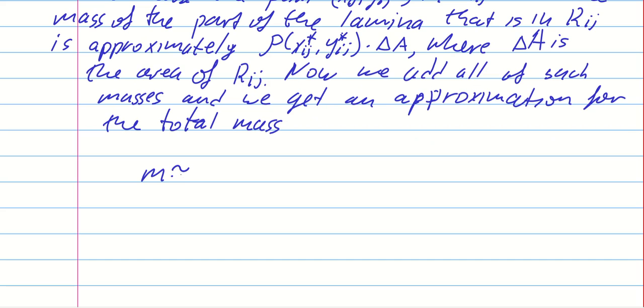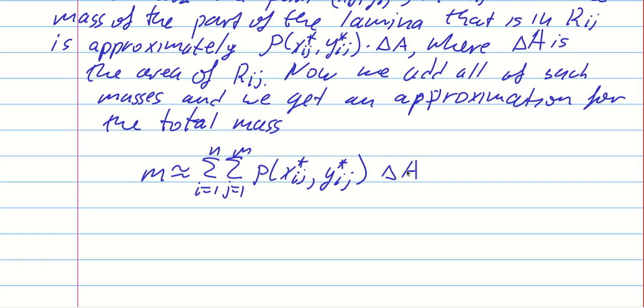So M is approximately the sum when i goes from 1 to n, and the sum when j goes from 1 through m, of rho of x sub i j star, y sub i j star times delta A.